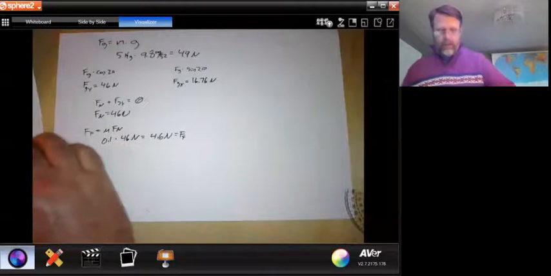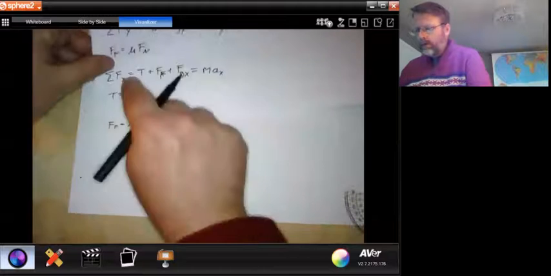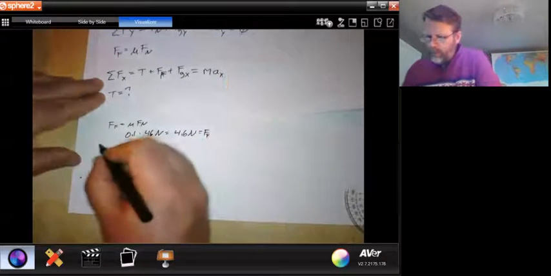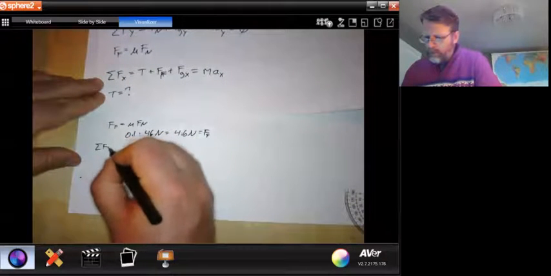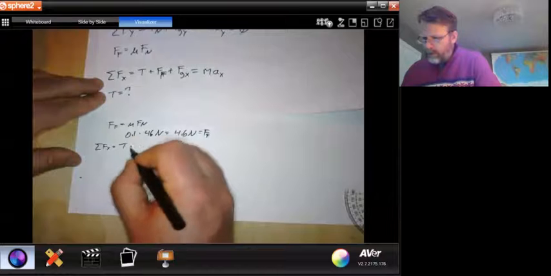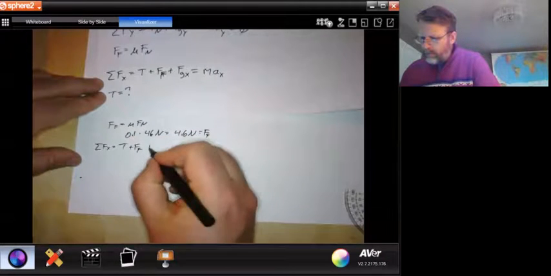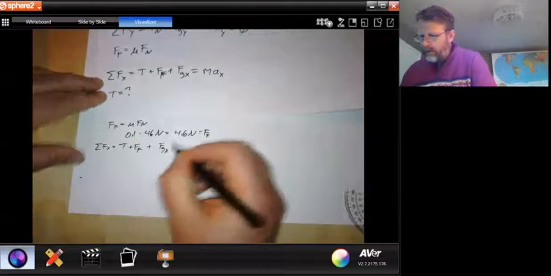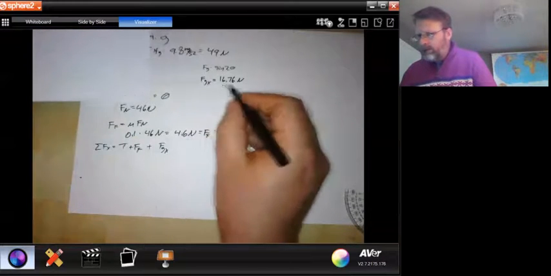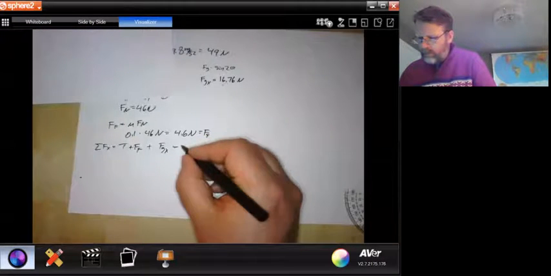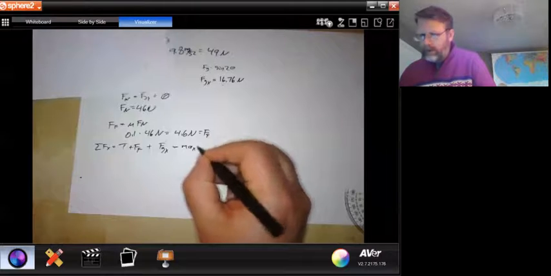Just like that, we're now at the bottom of the page here. We set our sum of forces in the x. It's going to be our tension, which is what we're looking for, plus our force of friction, which we just found, plus our force of gravity in the x, which is also found. It's all going to equal mass times acceleration in the x, which we already know.